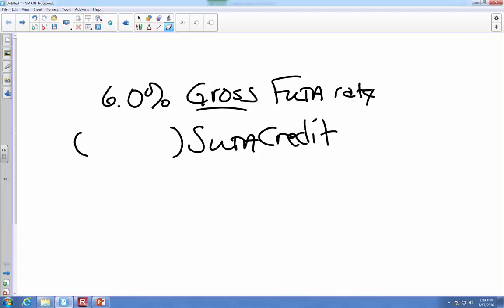Can I just plug in whatever my SUTA rate is? No, you always start with what? That's the jumping off point for everybody. It doesn't matter if you've got a lower rate, a higher rate. This is your jumping off point.